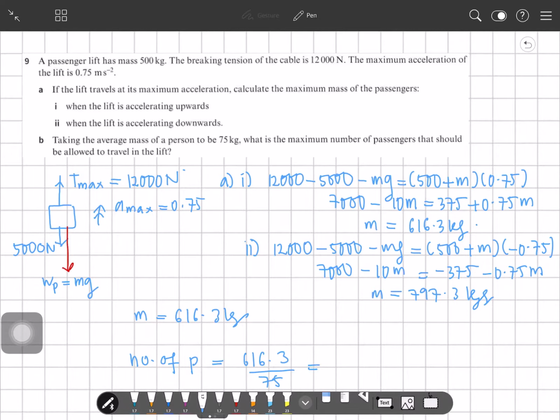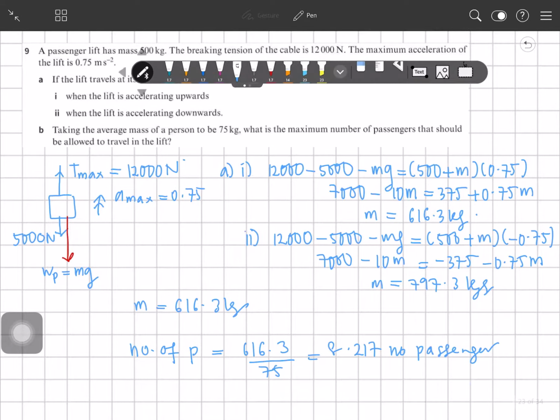So we will have 616.3 divided by 75. We have the value of 8.217 passengers.